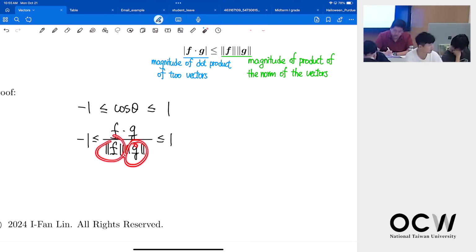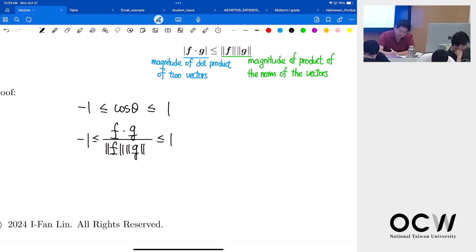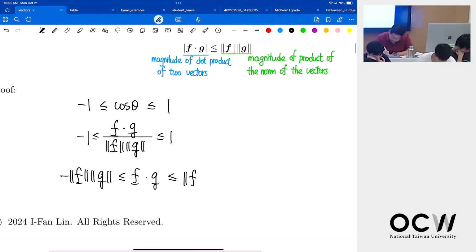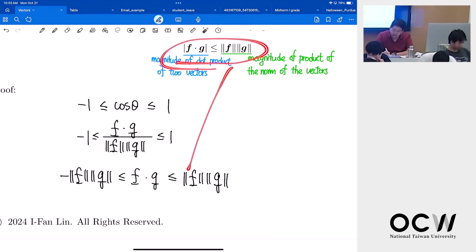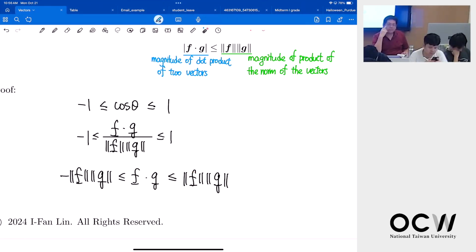So I can just multiply by this magnitude of the product. Then we have minus the norm of f times the norm of g on the left, and the right hand side is also the norm of f times the norm of g. And that's why here. Alright, any questions about the proof?